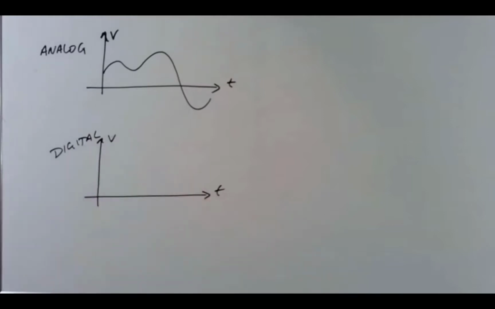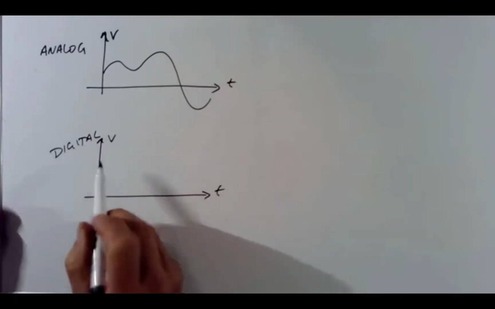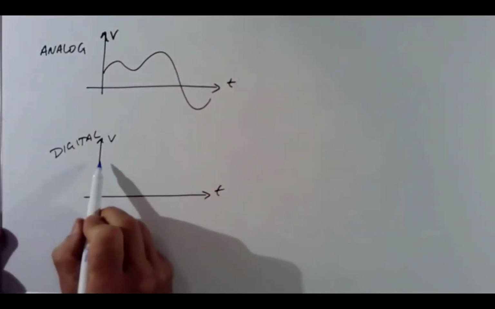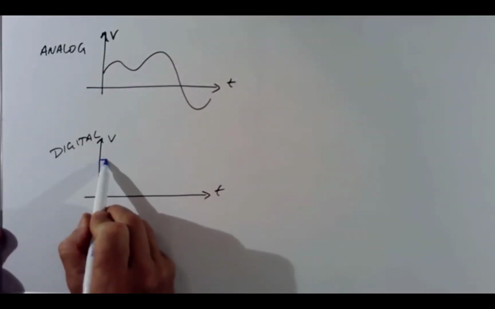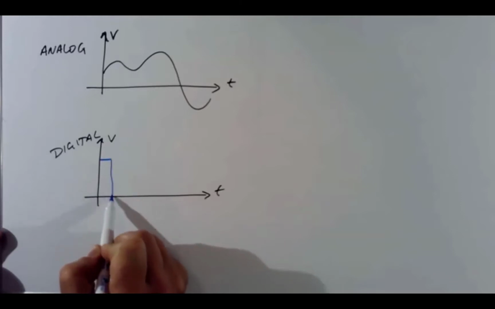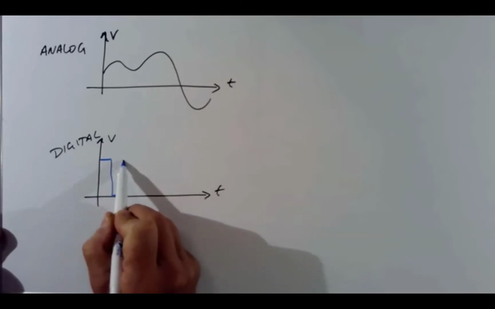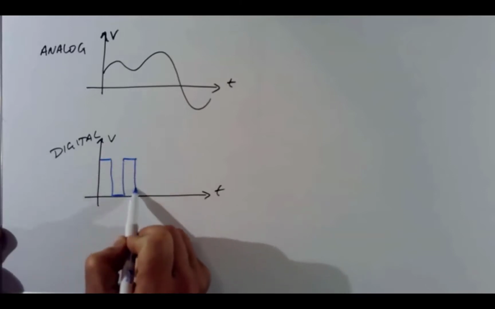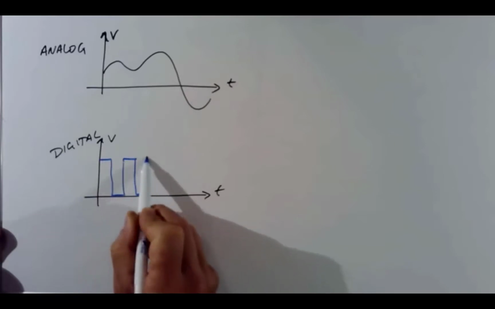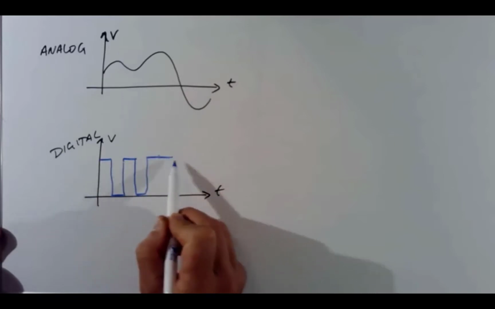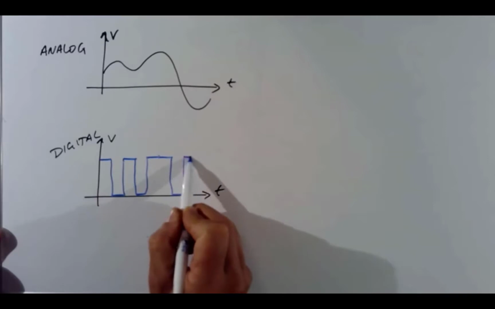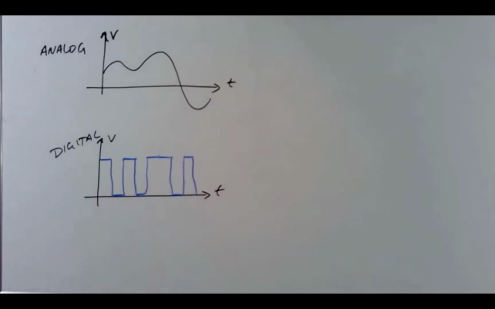Again, it's a voltage versus time, but in fact, let me use a different color here. It might take on voltages that look like this. Just making something up here.